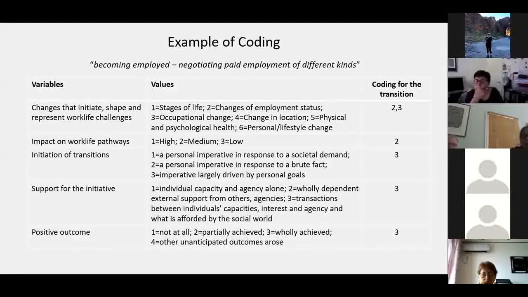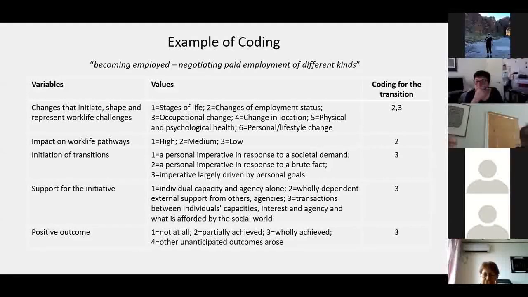The impact of this transition on the work-life pathway is considered to be medium. And for the initiation of the transition, we ask whether it's a personal imperative in response to a societal demand, a personal imperative in response to a group fact, or an imperative largely driven by personal goals. For this example it is number 3, an imperative largely driven by personal goals.